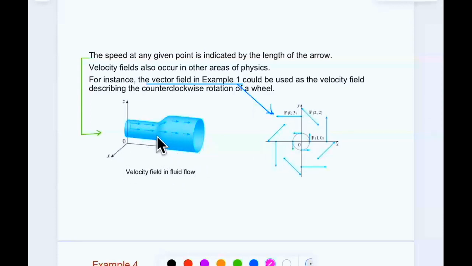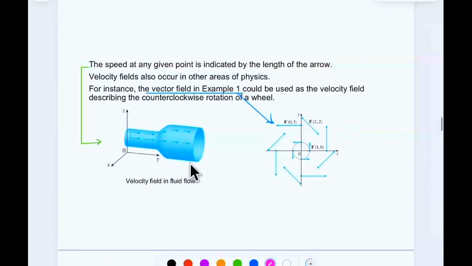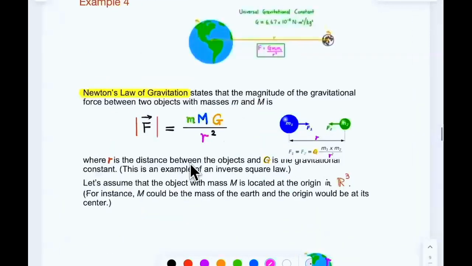These two are velocity fields. This one here can be used as a velocity field also, describing the counterclockwise rotation of a wheel. When you rotate the wheel counterclockwise, this one here can describe the velocity field. Okay, there's some physics here today.